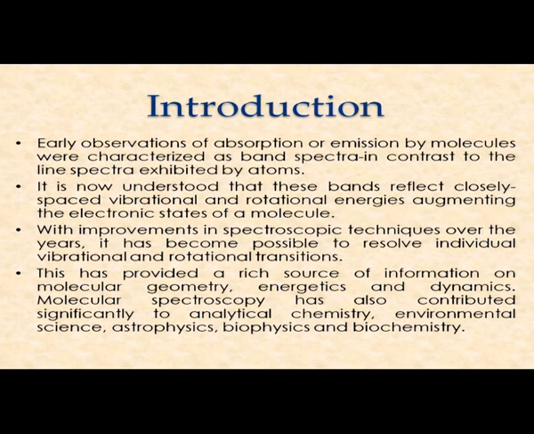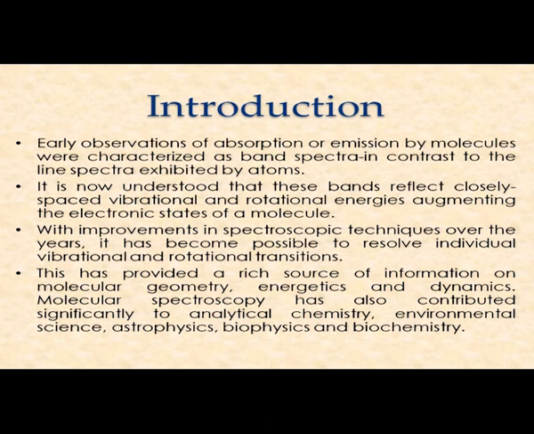Early observations of absorption or emission by molecules were characterized by band spectra in contrast to the line spectra exhibited by the atoms. It is now understood that these bands reflect closely spaced vibrational and rotational energies augmenting the electronic states of a molecule. So, a complete spectrum of a molecule can be obtained by integrating the electronic transition, vibrational transition and rotational transition of the molecule.